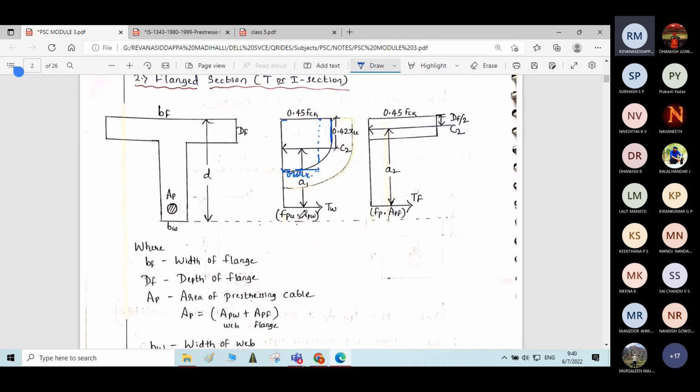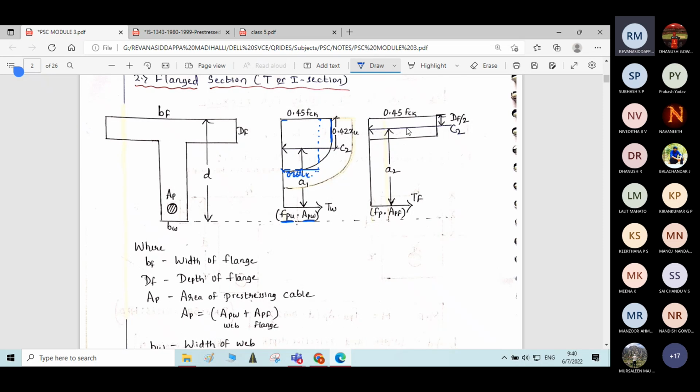Similarly, tensile force will be determined by multiplying the ultimate stress in the steel by area of pre-stressing steel in the web. This compressive force C2 will be equal to tensile force to maintain the equilibrium.